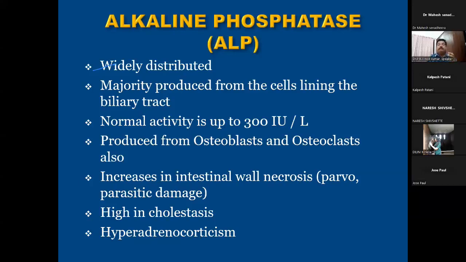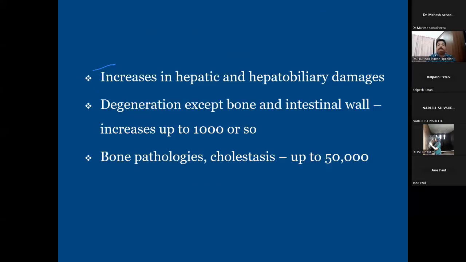So alkaline phosphatase hike is shown in intestinal obstruction or intestinal wall degeneration such as parvoviral enteritis, parasitic damages, etc. And as I said, it is high in cholestasis and hyperadrenocorticism. So in all these conditions, alkaline phosphatase increases.